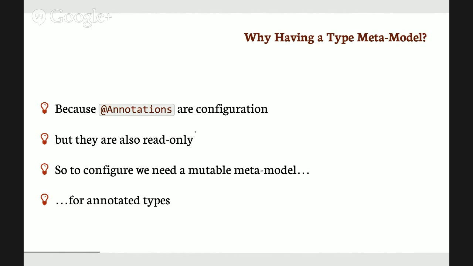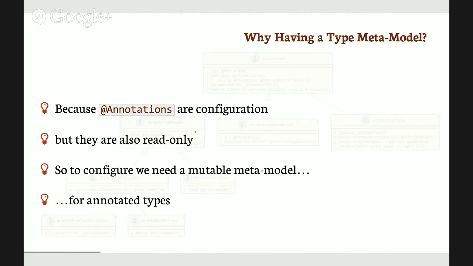When you get them at runtime, you cannot change the content of annotations, modify the annotation, or add a new annotation. So to be able to change the configuration, we need to have a mutable metamodel. That's why we added to CDI this type metamodel, to have a way to change the metamodel and change the configuration. So it's a one-to-one mapping from the Java type.